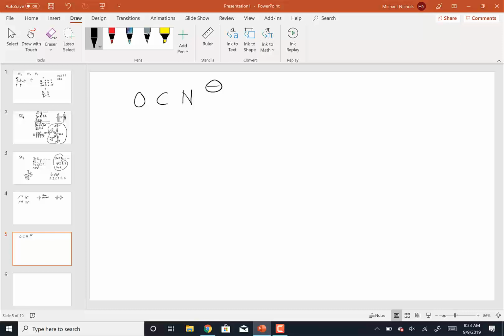But if you have more than 1, everything has to have an octet, so that middle carbon needs to start sharing electrons to form an octet.